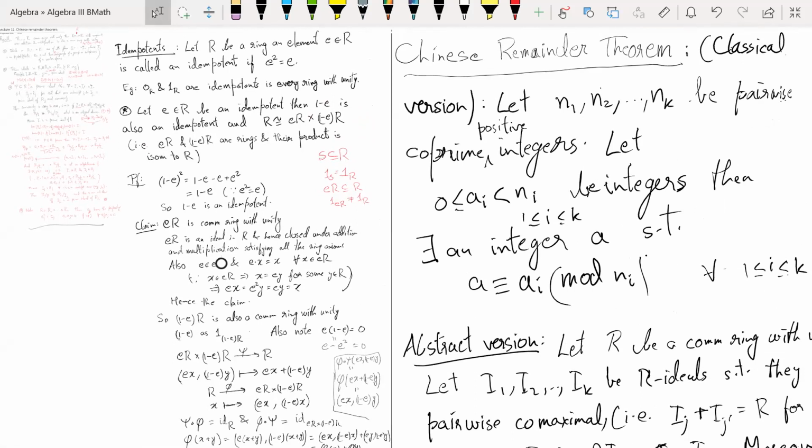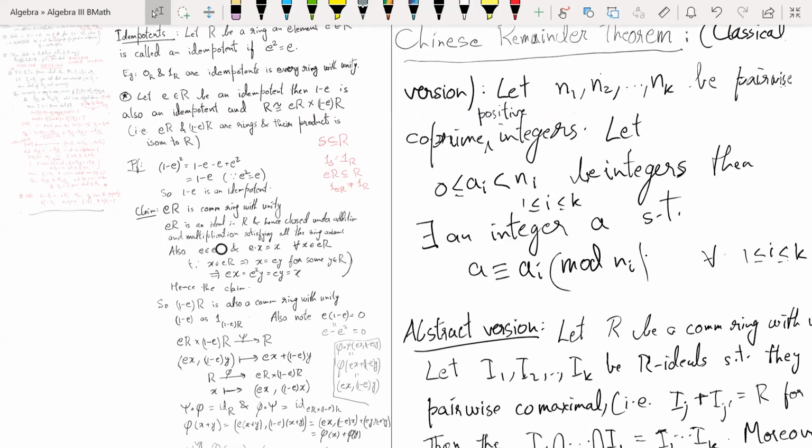So only if you take a non-trivial idempotent different from 0 and 1 do you get some interesting decomposition. So this applies even for 0 and 1, but it gives you something interesting only if you take an idempotent which is different from 0 and 1.